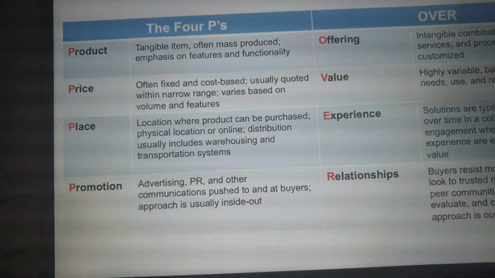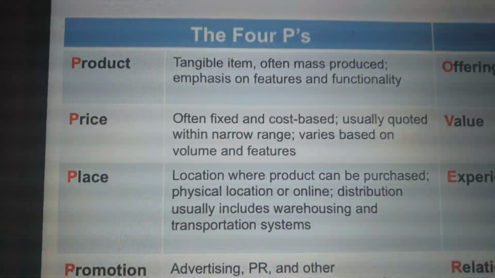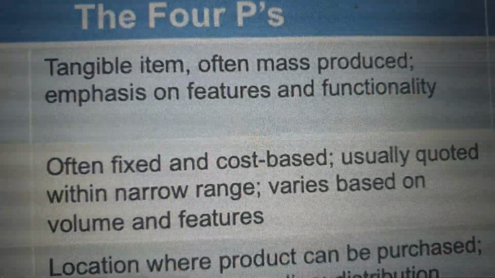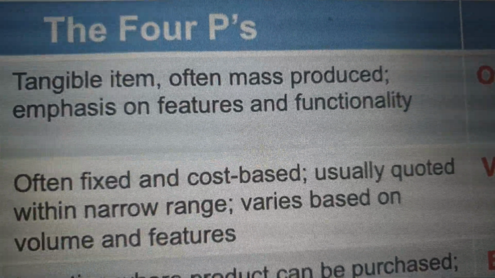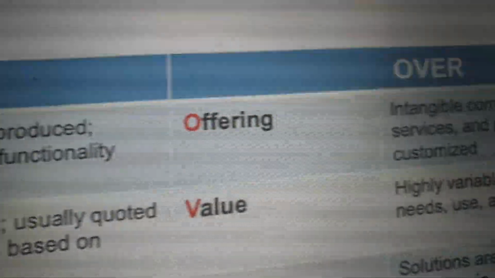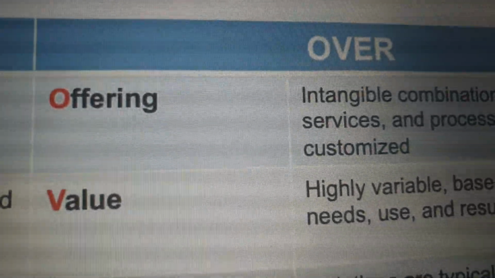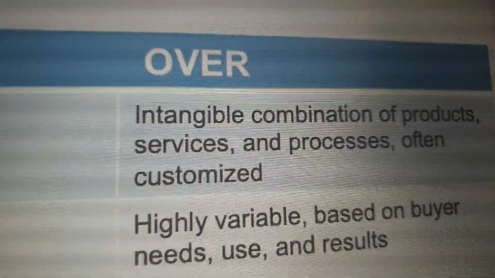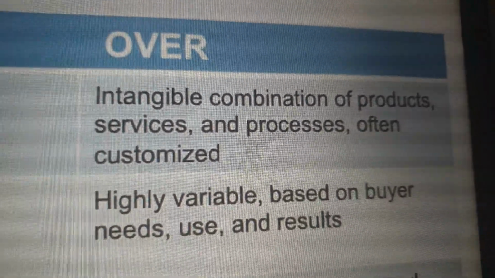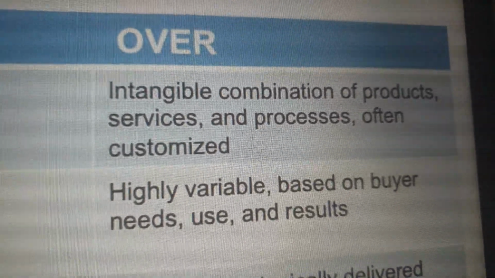Let's still go further on product. We have now defined the product, a tangible item, often mass-produced, with emphasis on features and functionality. Call it an offering, an intangible combination of products, service, and processes, often customized.